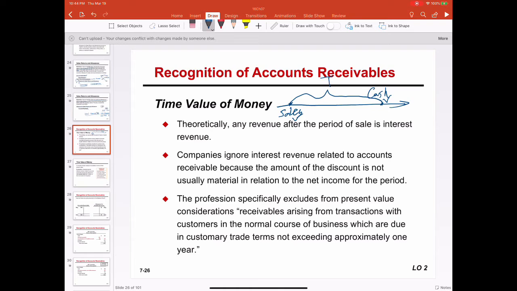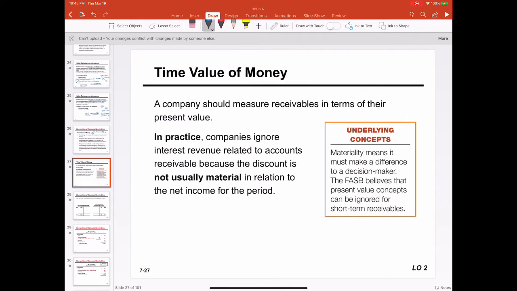So although there is some time value, it is not material, so we do not account for the time value of money for most receivables. So in practice, companies ignore the interest revenue. So we keep using the net realizable value to record or value accounts receivable.